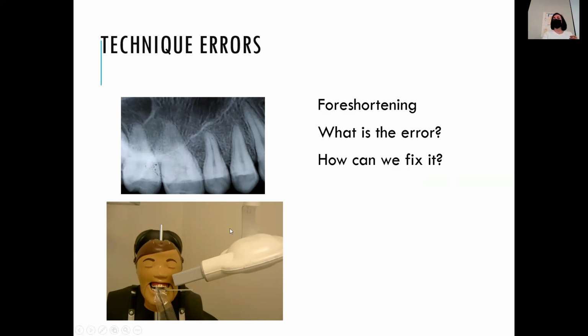Okay, now I have to think about it for a second. They're too flat. So if they're too, oh shoot. So if they have foreshortened the images, then they are too steep.